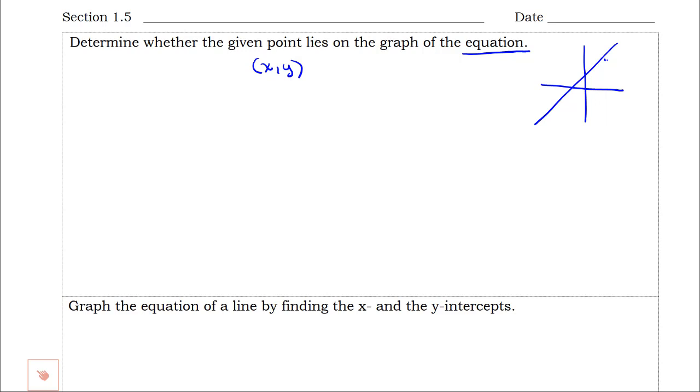And we don't want to rely on our carefulness, do we? I don't want to. So instead, what can we do to see if the point is on the line? Plug the coordinates in. Yeah, plug it in, plug it in.